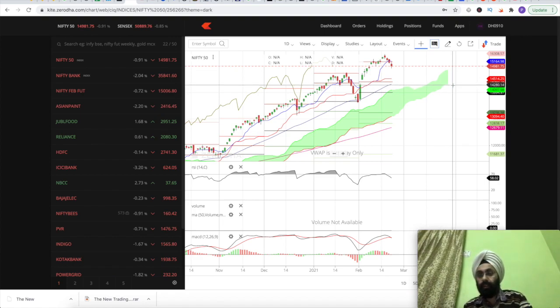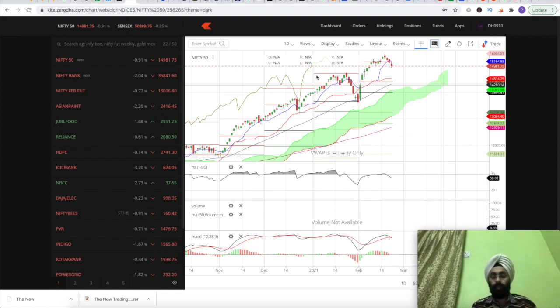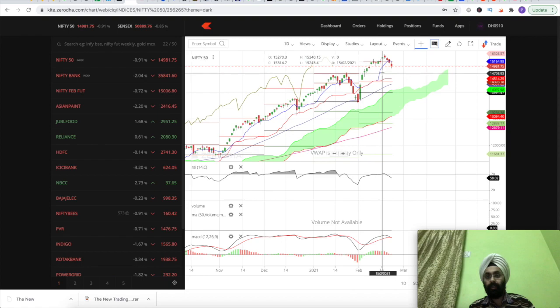This is where it is plotted. This is the leading span B, and it is plotted exactly at what we calculated using the formula, approximately 14,281. So we have covered four of the components till now: the conversion line, the baseline, the leading span A, and the leading span B.